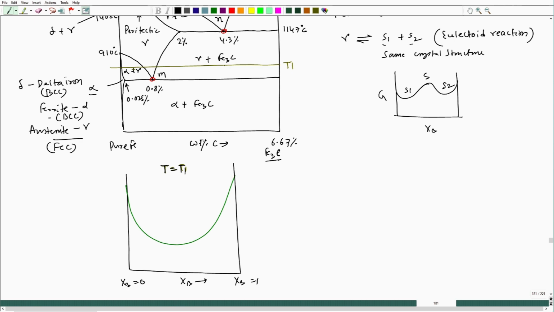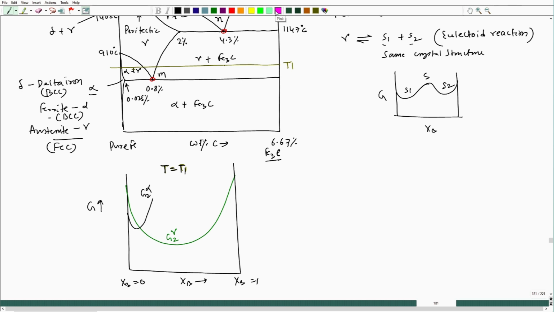Now, alpha will have a plot here, this is alpha, G2 alpha, and this one is G2 gamma, and this axis is G. And now, let us try to see what happens to Fe3C.